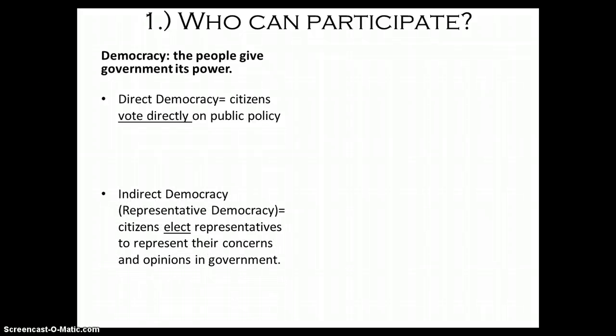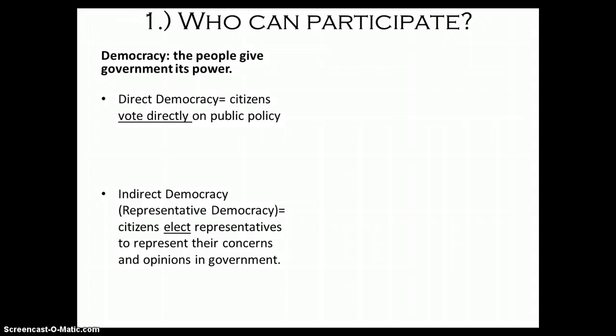The second type of democracy or category of democracy would be indirect democracy. And this is the type of government that we have in the United States. We citizens elect representatives to represent our concerns and opinions in government. So this allows for a democracy to still exist in a large scale.